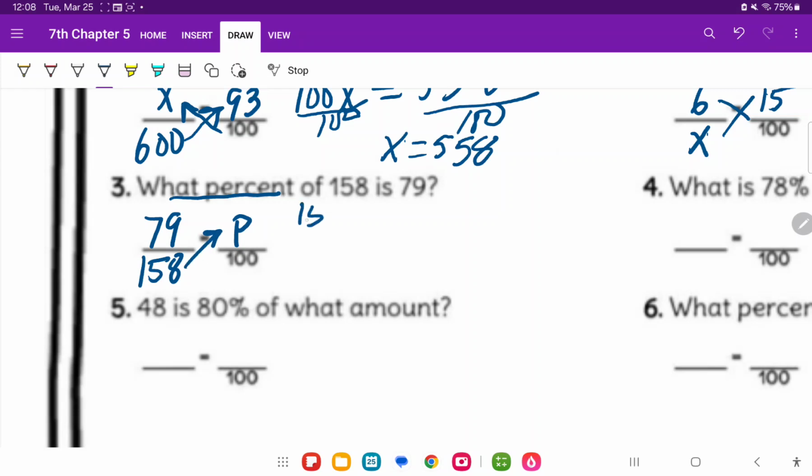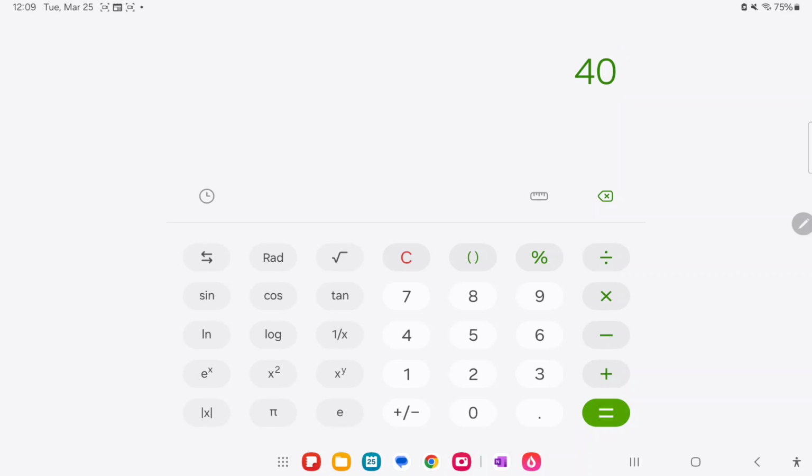So we have 158p is equal to 79 times 100. That is 7,900. So we'll divide by 158. So 7,900 divided by 158.